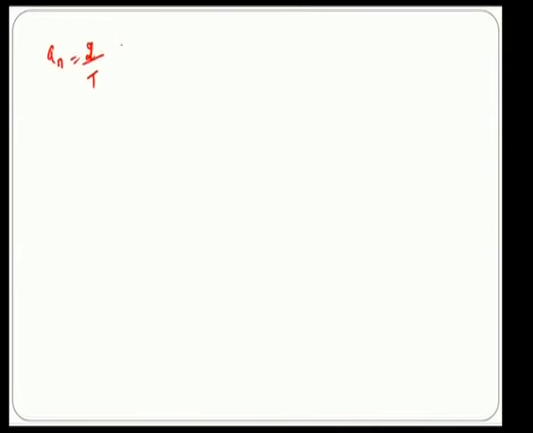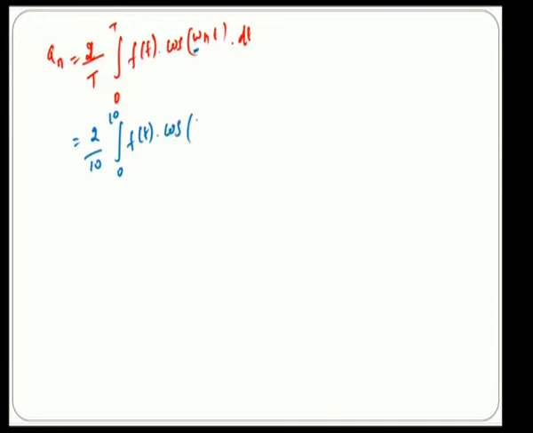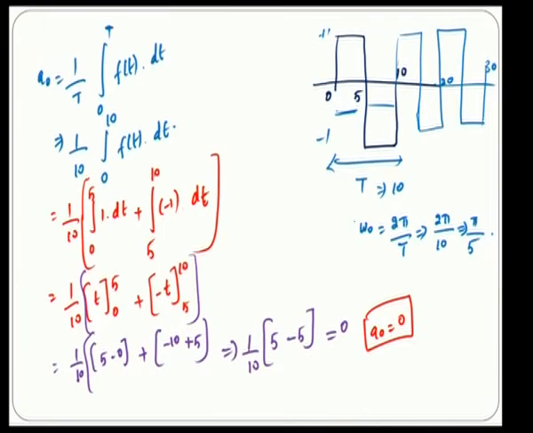Now, calculate the value a n, which is equal to 2 by T integral of 0 to T f of t into cos omega n t into dt. So, which is 2 by 10, 0 to 10 f of t into cos of omega, where omega is pi by 5, right? What we get?